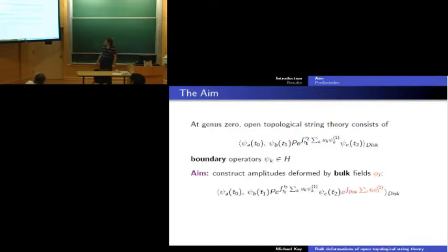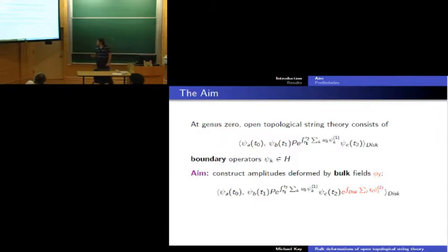Now, the aim is to construct amplitudes deformed by bulk fields. So you see that I've inserted the exponential of bulk integrated descendants phi with moduli t. So we give an explicit construction for those bulk deformed amplitudes, and the procedure essentially splits into 2 main steps. The second is completely general.